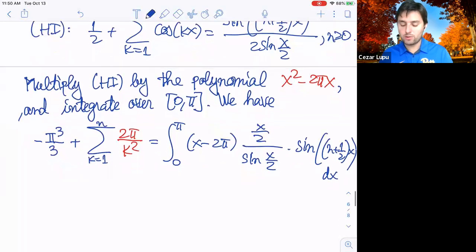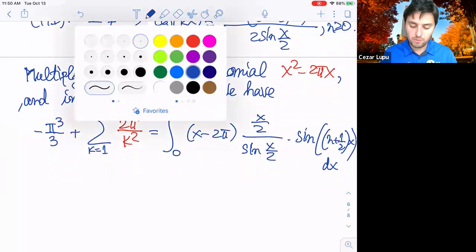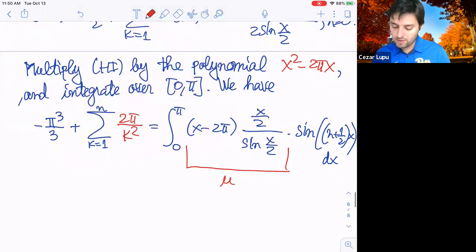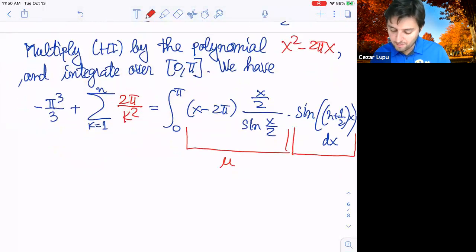All right, what we're going to do is the following. I'm just going to explain the procedure. Let's imagine that this part is a function u, and this part here is dv. So as you can expect, I will integrate by parts.